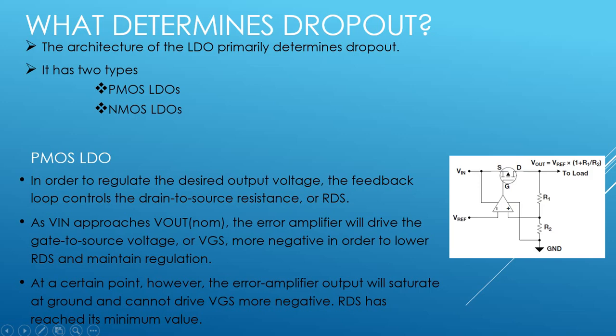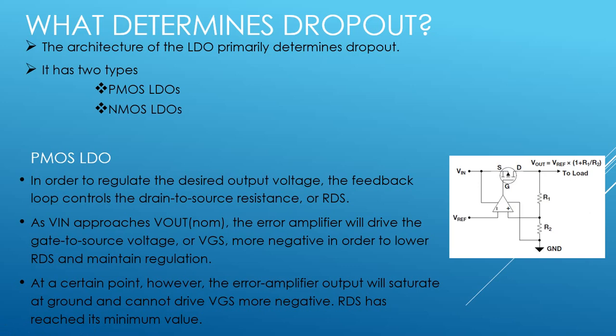There are two types of LDOs, PMOS and NMOS. In the PMOS, the feedback circuitry is connected to the positive terminal of the error amplifier, and Vref is provided at the negative terminal. Whether PMOS or NMOS, the input voltage we provide approaches Vout. But due to RDS(on) there is some dropout, so we get somewhat less at the output, and we have to take care of this dropout to regulate properly.